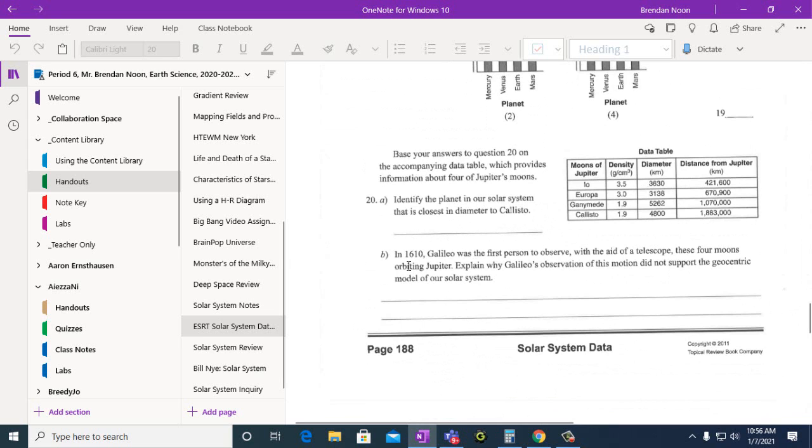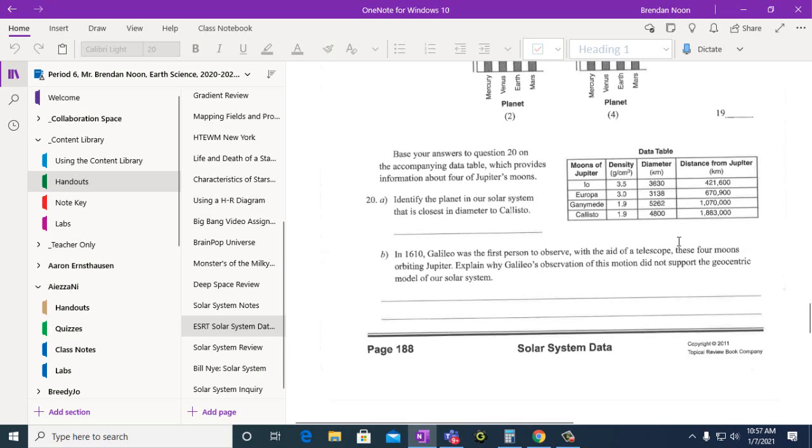Mercury, the planet. In 1610, Galileo was the first person to observe, with the aid of a telescope, these 4 moons orbiting Jupiter. Explain why Galileo's observations of this motion did not support the geocentric model of our solar system. Well, the geocentric or Earth-centric model, geo for Earth, means that everything revolves around the Earth.